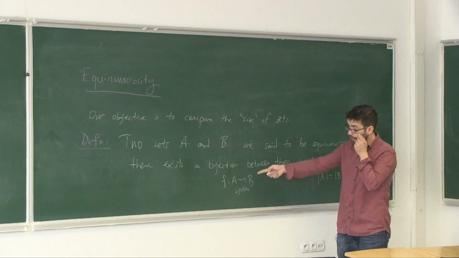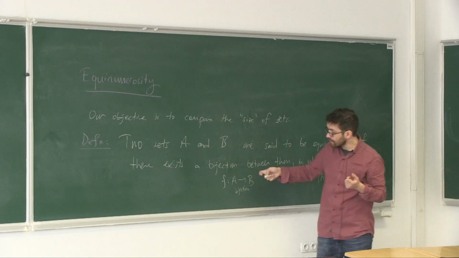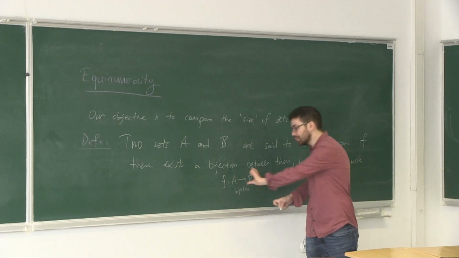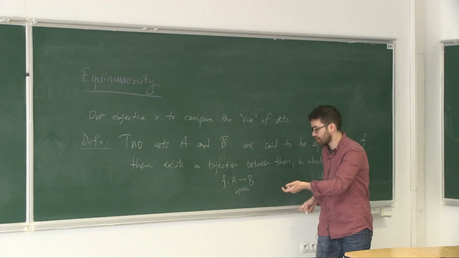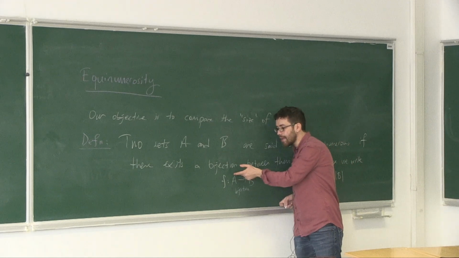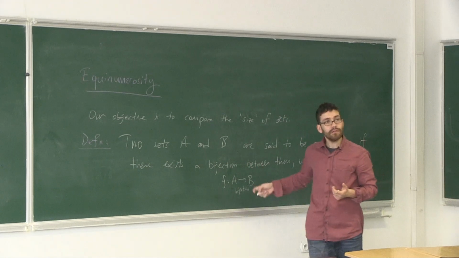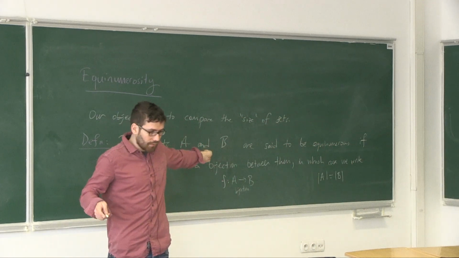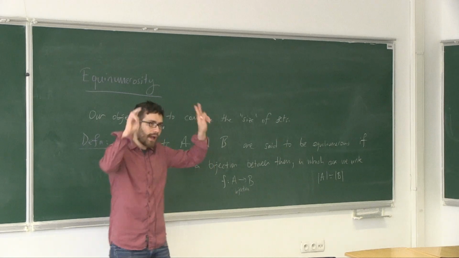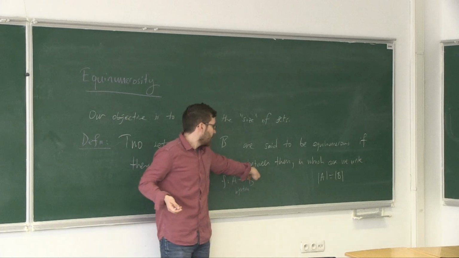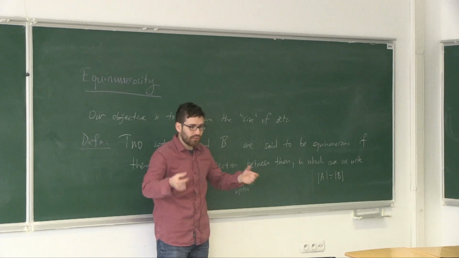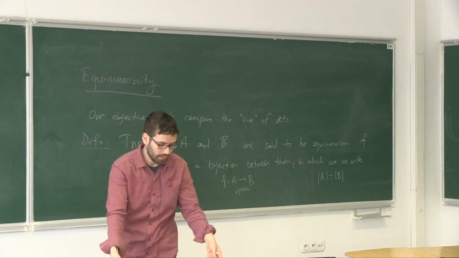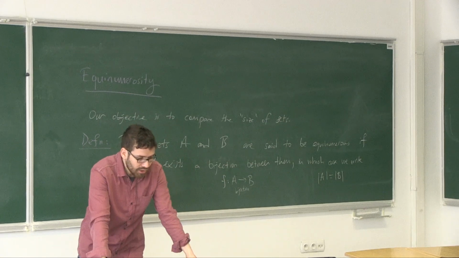If you have a bijection between them, what you're doing is you're basically labeling elements of B via elements of A. Or if you look at the inverse of this bijection, which is also a bijection, you can label elements of A via elements of B. If you can do this, this should mean that the size of A, whatever that is, is the same as the size of B, because you can just label elements of these collections with each other, okay, using each other.